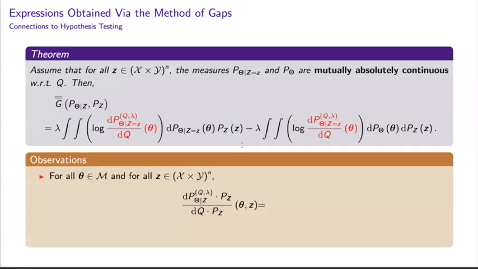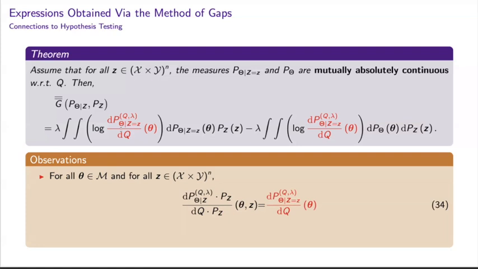Let's first realize that if we assume that data sets are chosen from PZ and models are chosen from the Gibbs algorithm, right? The Radon-Nikodym derivative of this joint distribution with respect to the product of the reference and PZ is exactly what we have inside the logarithm in the first expression.